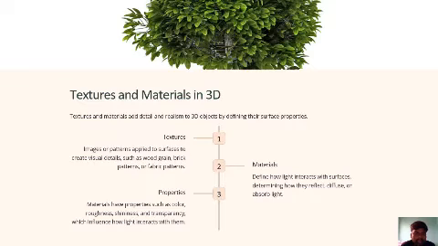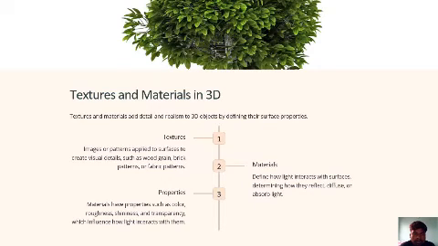Let us see texture and materials in 3D. Texture plays an important role in the realism of 3D objects by defining the surface properties. Texture is an image or pattern applied to a surface to create visual details such as wood, grass, bricks or fabric patterns.